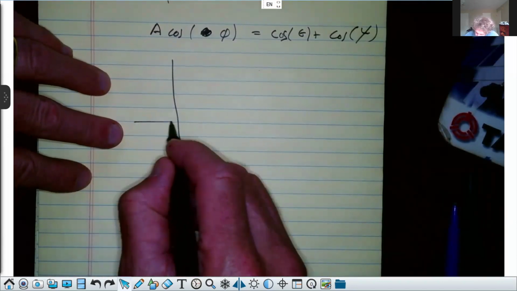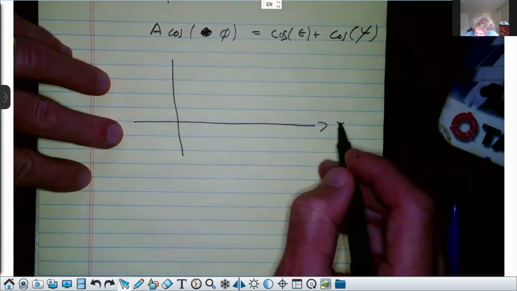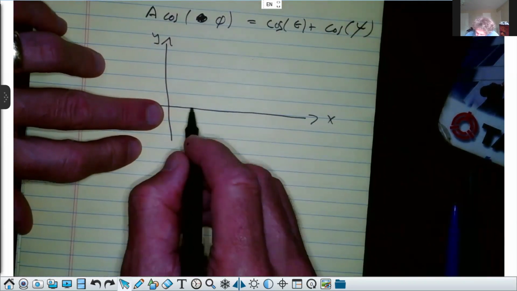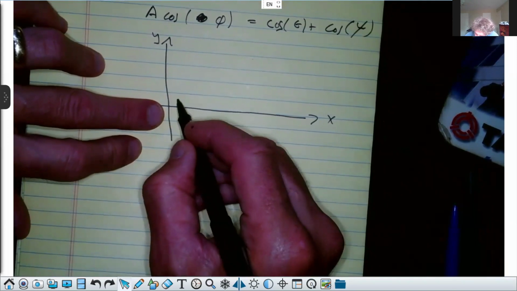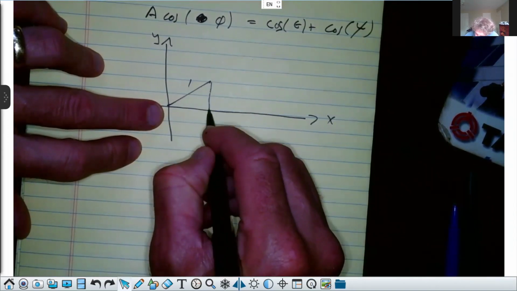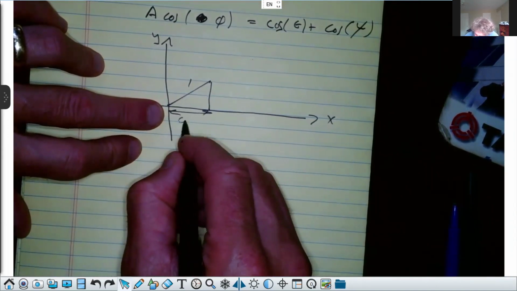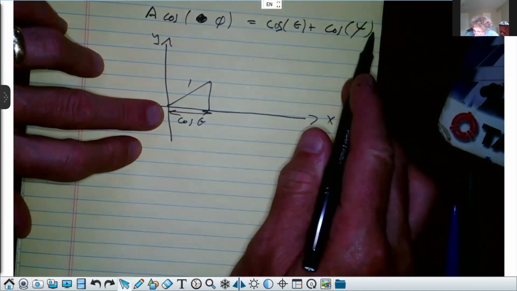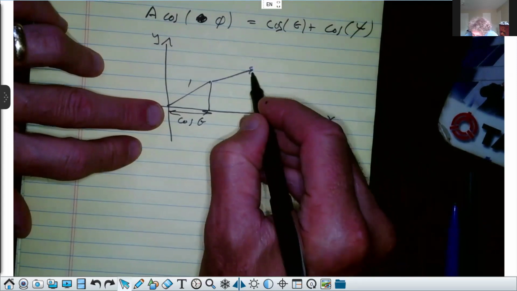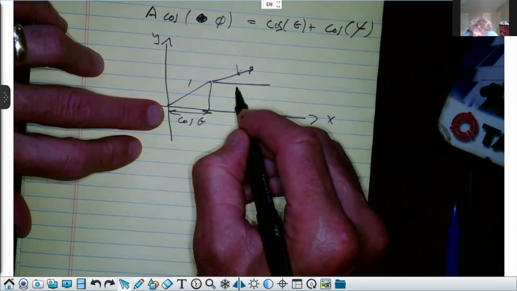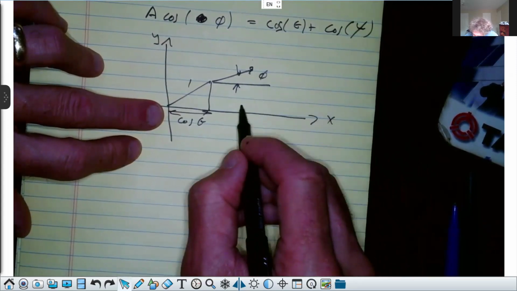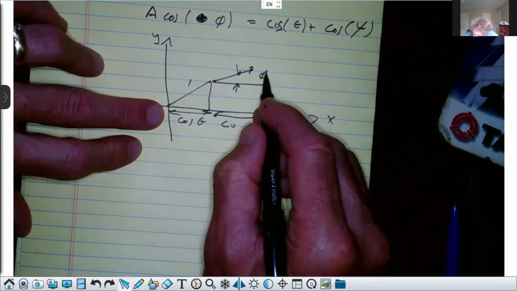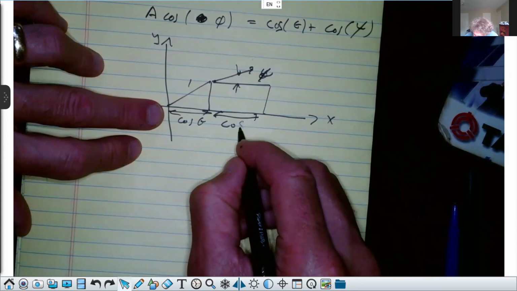When you're looking at this, call this the x-axis, call this the y-axis. When I have cosine of theta, that really is a value of 1, and the projection here would be cosine of theta. You with me? Yeah. Now, when I have cosine of phi, here, there would be an angle phi here, and the projection of this would be cosine of psi.